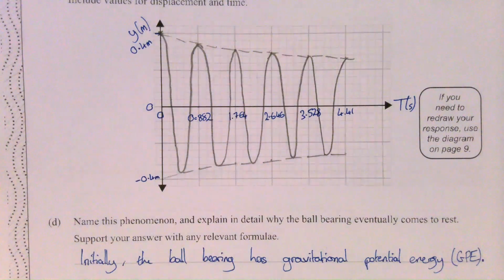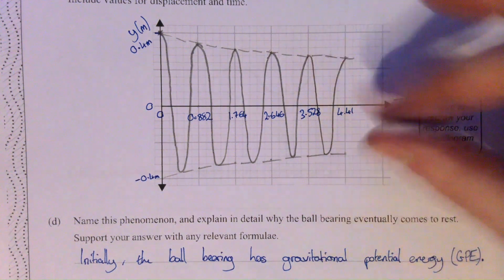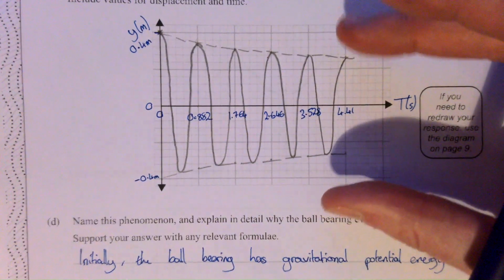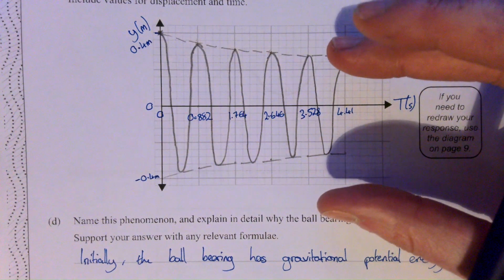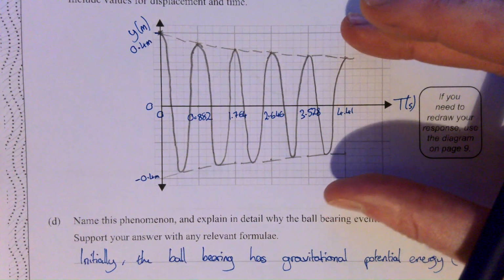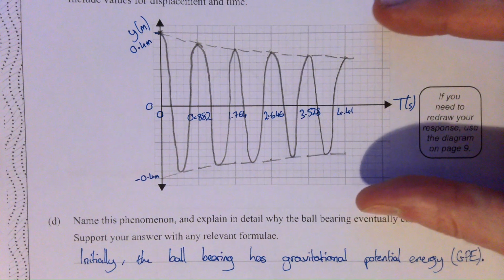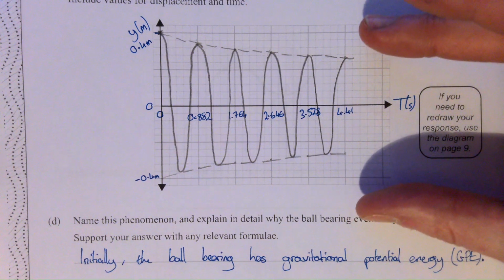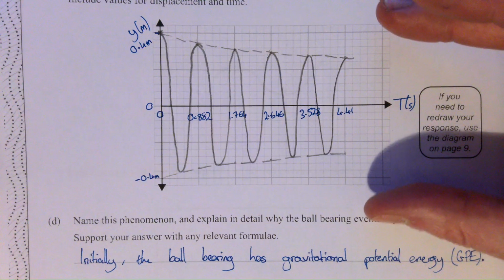Which is what we've said in our graph up here. Because the oscillations are decreasing in amplitude, we have less kinetic energy being converted into gravitational potential energy, and so the ball is unable to go as high up the side or up each side of the watch glass.